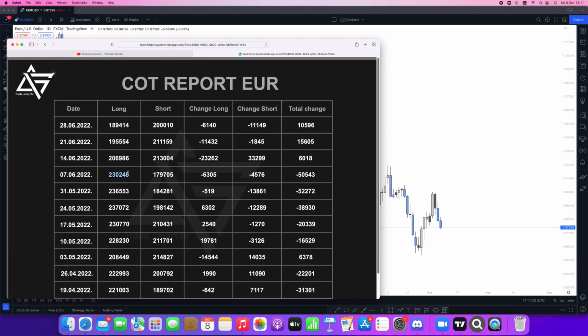So this is the thing: on this date they were holding a lot of long positions, and all of a sudden they start to close the long positions, and they close a little bit of shorts. But there was not so much change in short positions. So we can expect from this date here that price continues bearish.